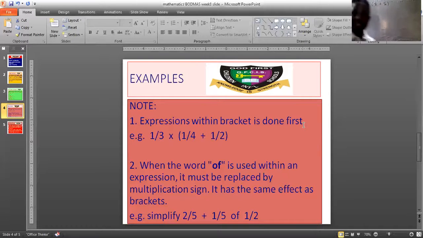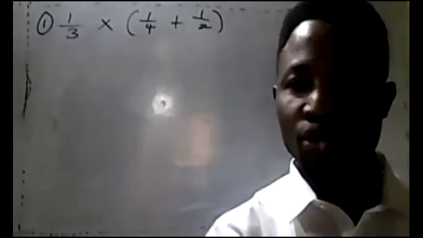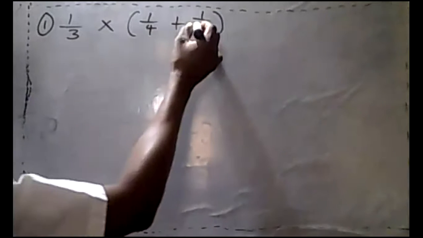Now, according to what the rule says, don't forget, it says bracket, of, division, multiplication, addition and subtraction. So we're going to treat the bracket first.